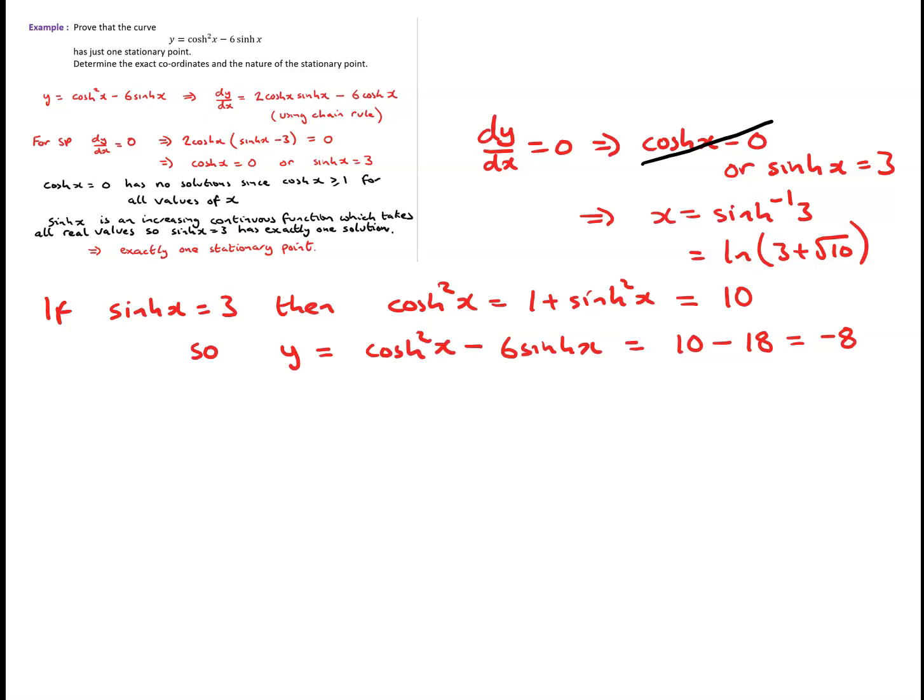So that is 10 take away 18, which is minus 8. So we now know that the coordinates of the stationary point are, the x-coordinate is ln of 3 plus root 10, and the y-coordinate is minus 8.